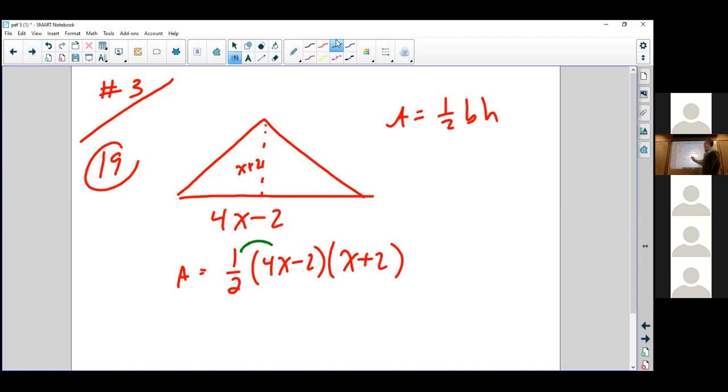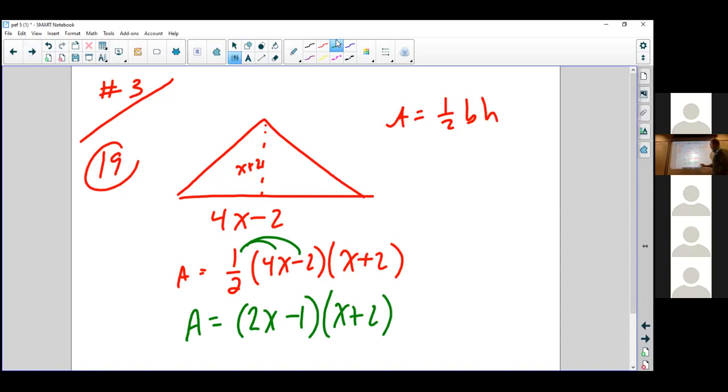I would distribute this half over the first set of parentheses first. So half of 4x is 2x. Half of negative 2 is negative 1. And then I get this. So remember, now we've taken care of the 1/2 because we distributed over one of the sets of parentheses. Pick the one that has both even numbers, because the 2 would then go into it nicely.